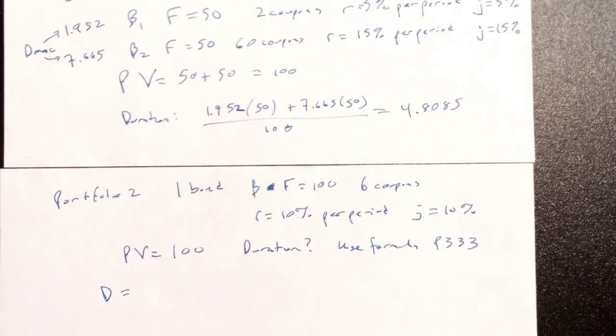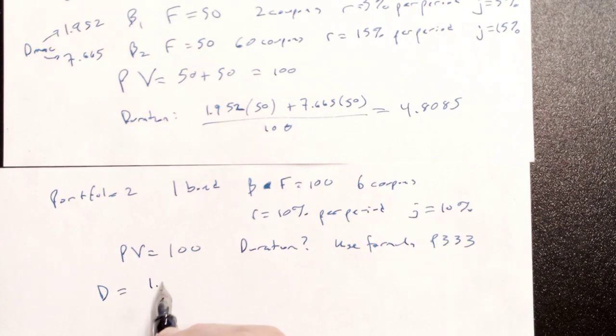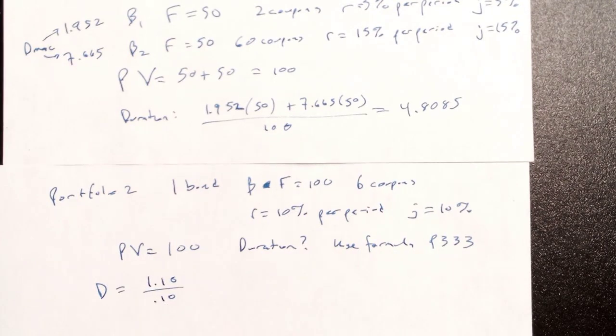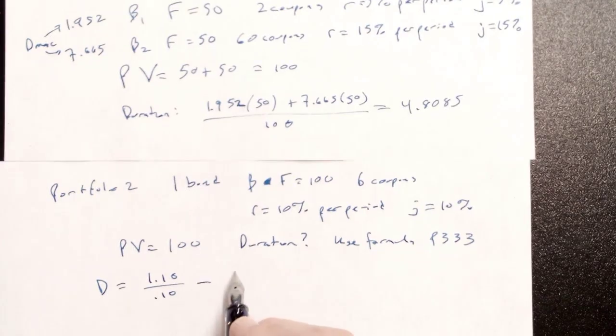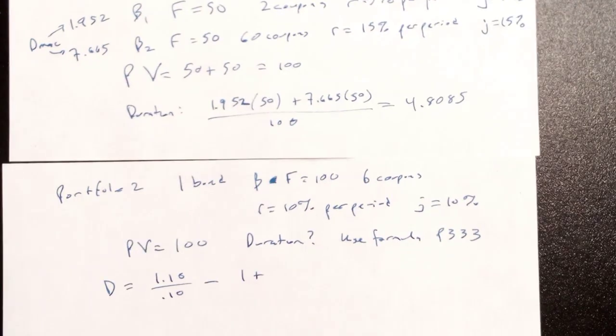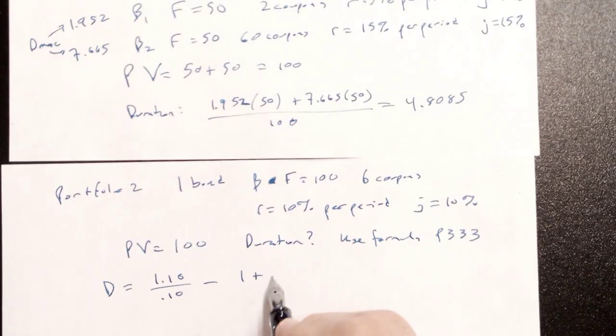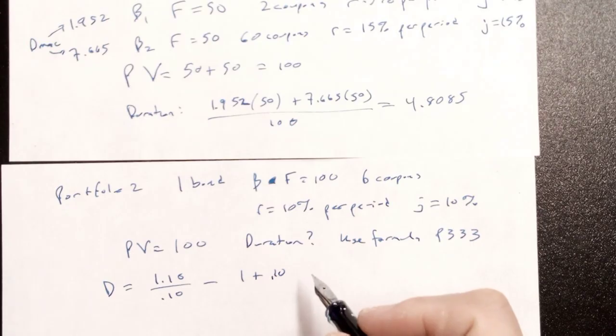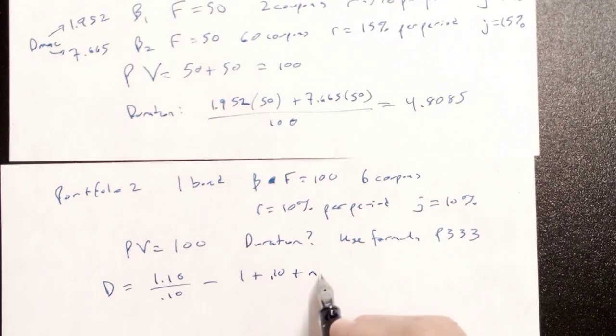So it is (1 plus j) over j. j is 10%. 1.10 over 0.10 minus (1 plus j) 0.10 plus n, r minus j. Wait a minute, r minus j is 0.